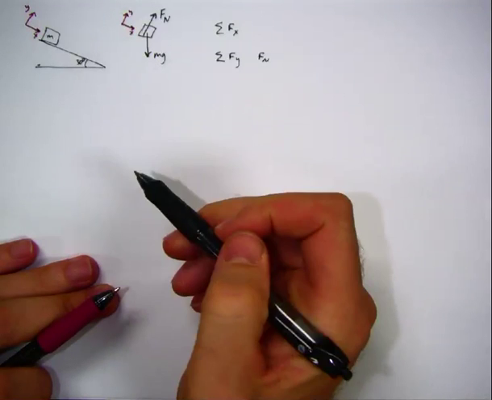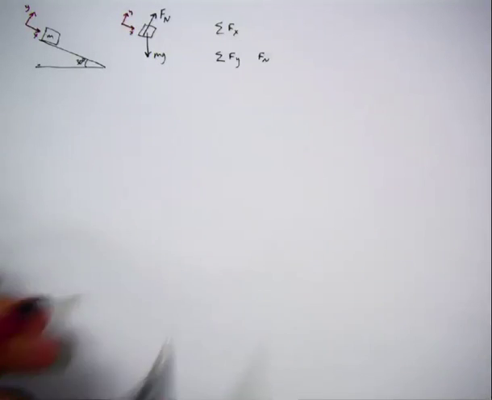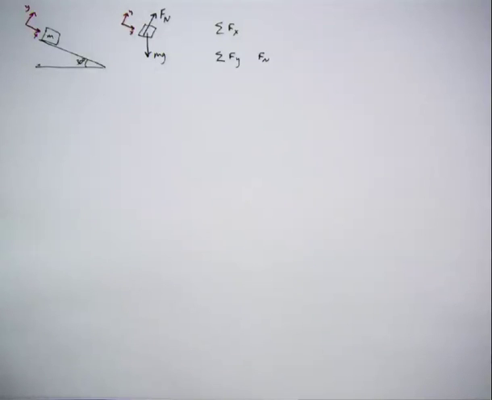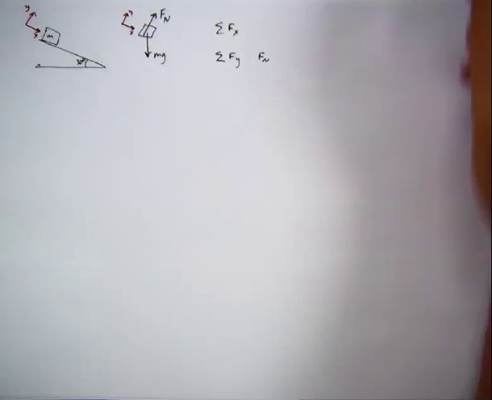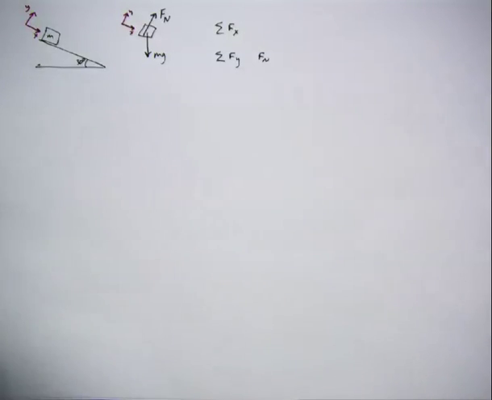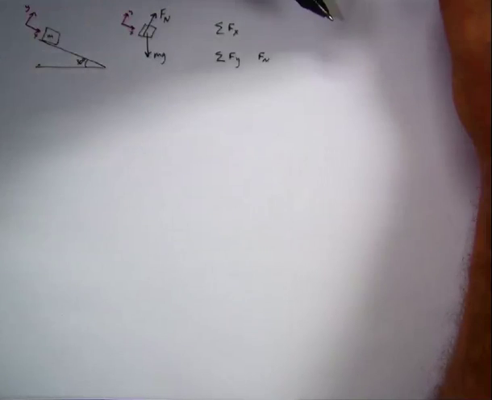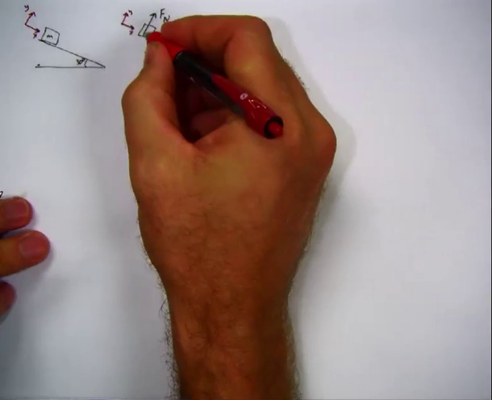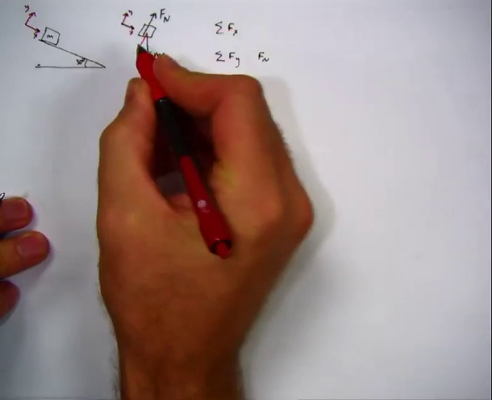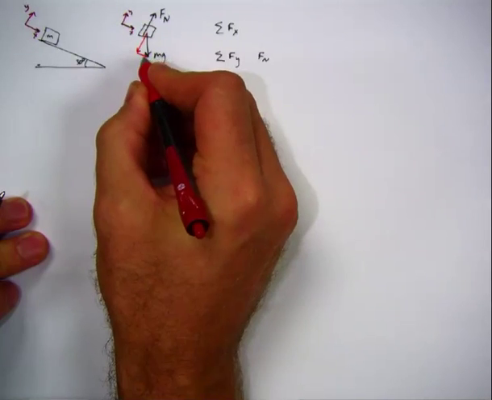It's not in x or y, so we're going to have to break that up so it's in our coordinate system. Let's break that up so that it follows one of the coordinates. We'll make it follow the x direction and the y direction. So we'll say mg goes in this direction, in the y direction, and over here in the x direction.